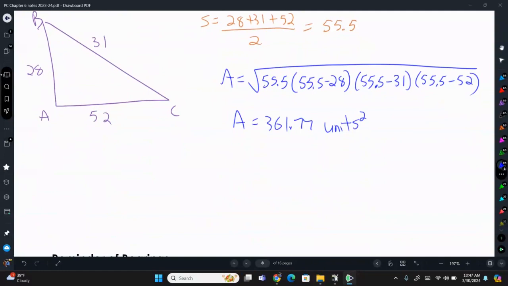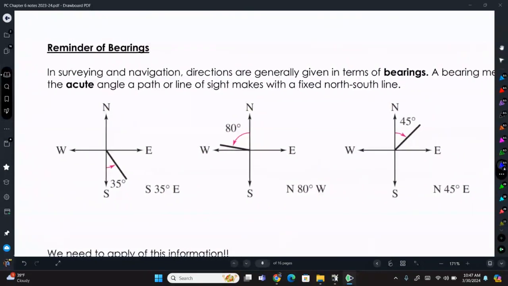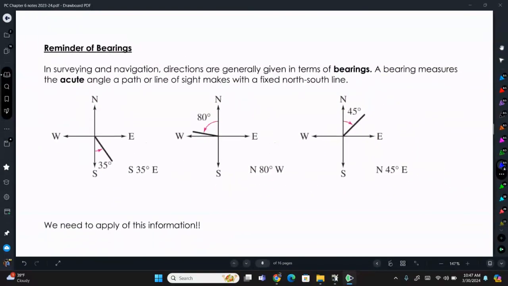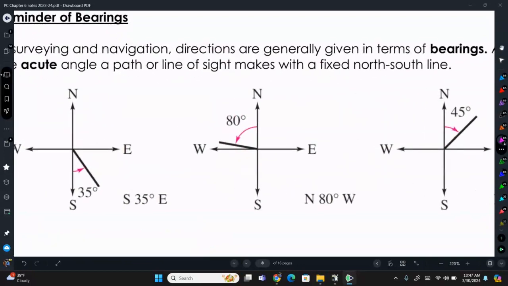So now we're going to focus on word problems, and remember we've done bearings before at the beginning here, and when we talk about bearings, it's always in relation to north or south. So remember, south 35 degrees east is like we're starting south and then we're going east 35 degrees.